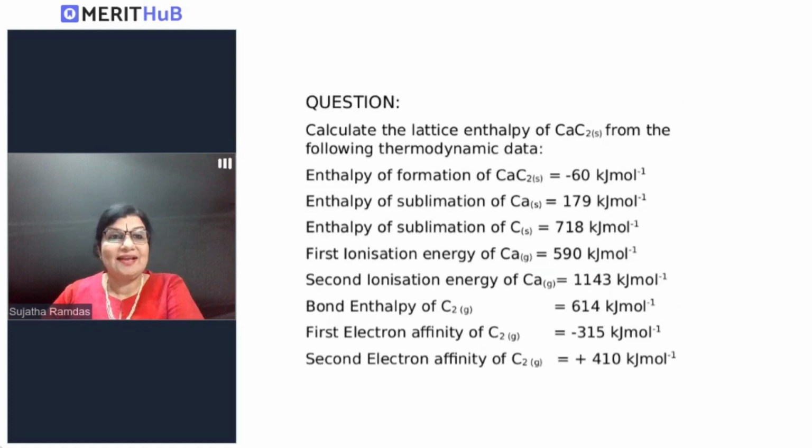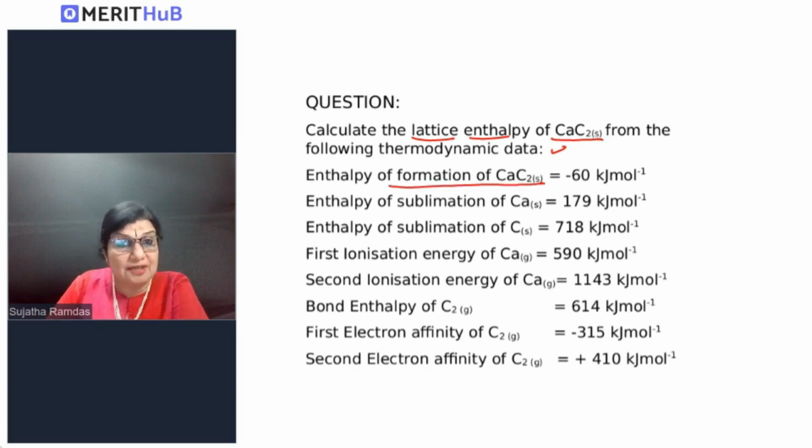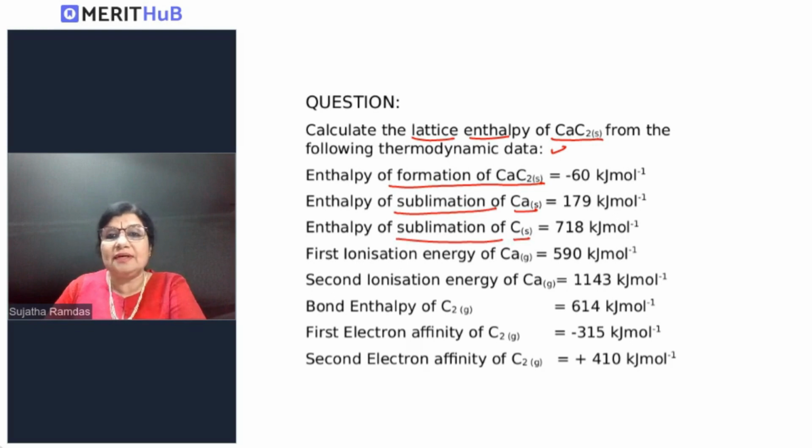Here is the question. Calculate the lattice enthalpy of this ionic compound, solid calcium carbide, from the following thermodynamic data. You're provided with the enthalpy of formation of solid calcium carbide, the enthalpy of sublimation of solid calcium and solid carbon, and the first and second ionization energies of gaseous calcium atom.